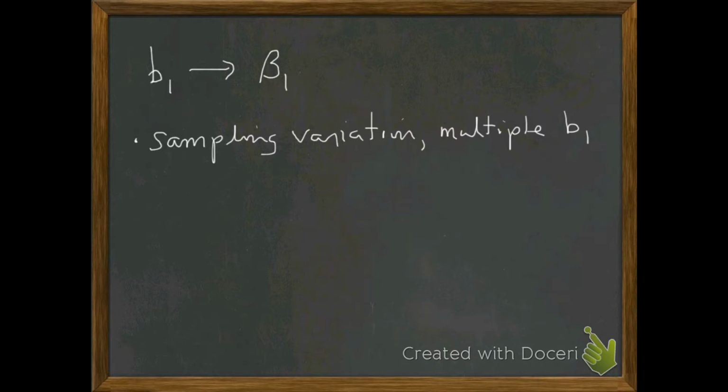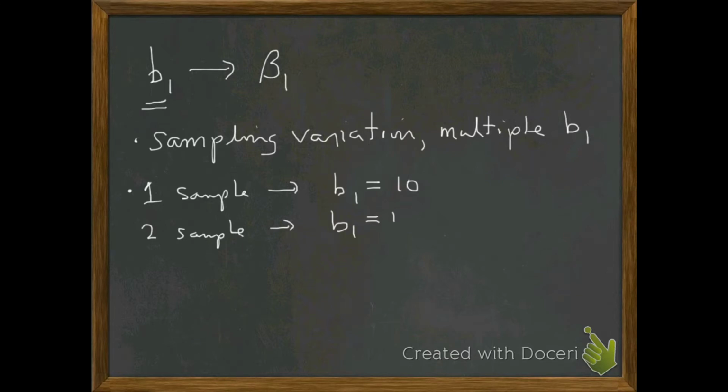The one that we get just happens to be the one that we get from our sample, but our first sample, for example, could create a beta 1 of 10. A second sample, which we usually don't take, but we know it exists, may create a beta 1 of 10.5.